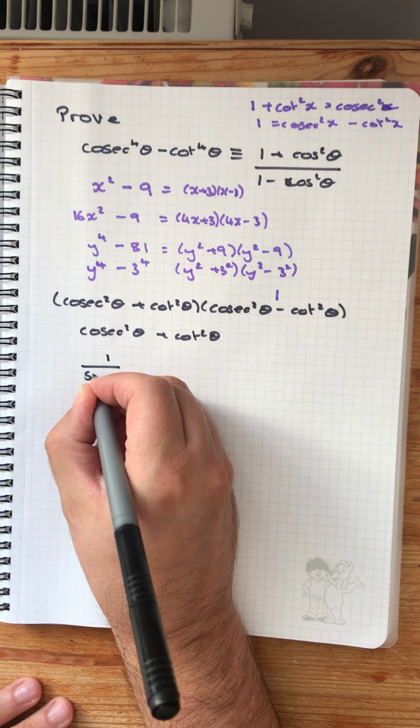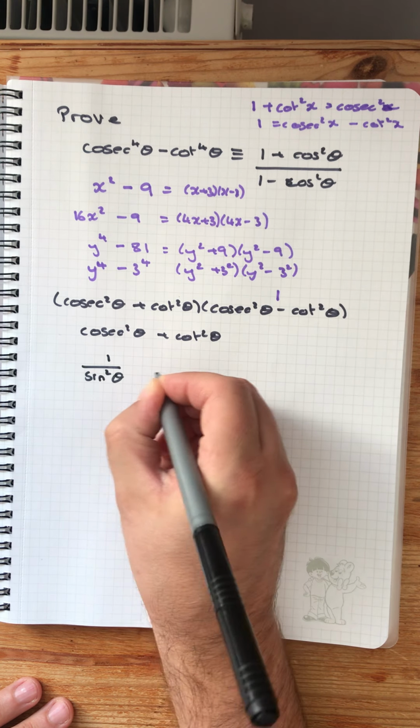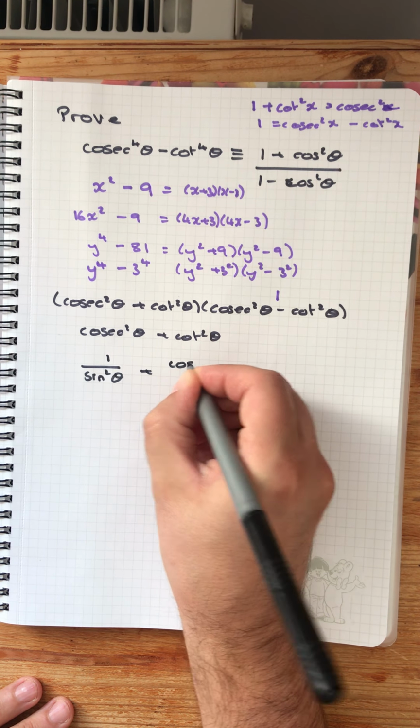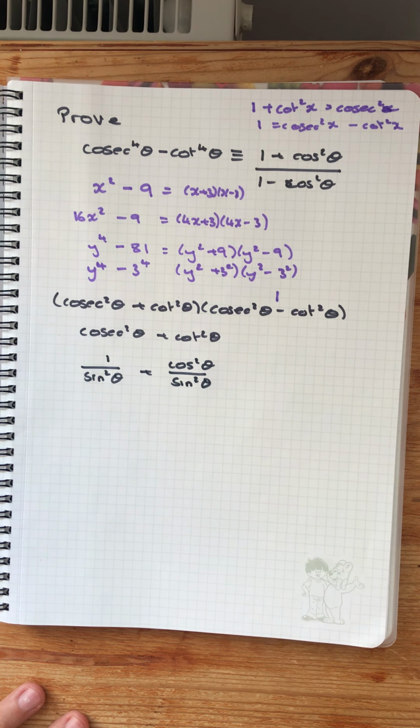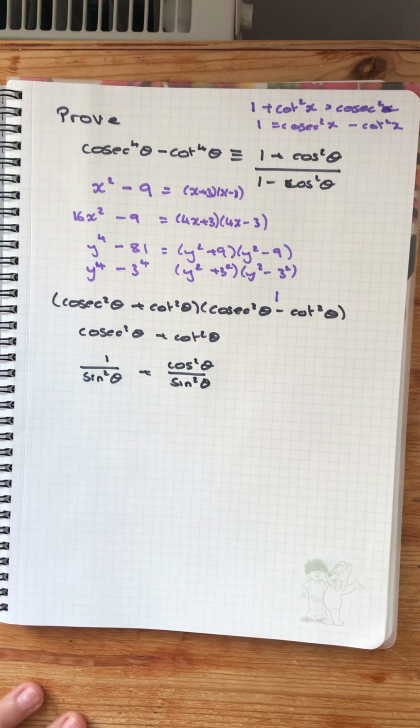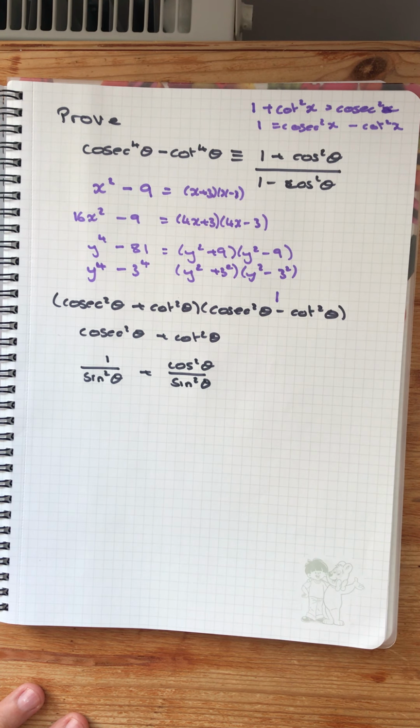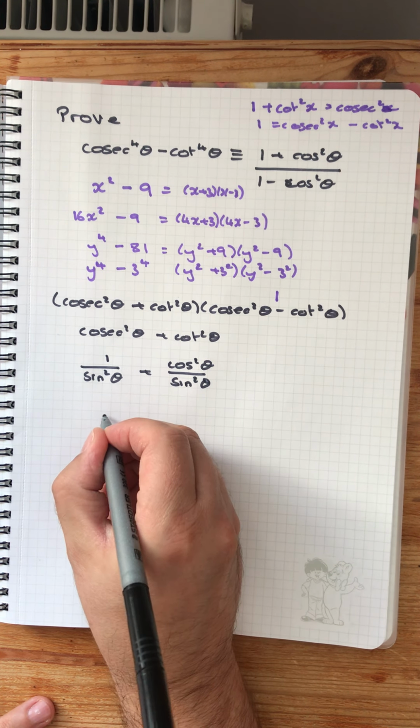So we've got 1 plus sine squared theta, and cot is cos squared theta over sine squared theta. So we've now turned it into fractions that we're adding together, and actually I'm pretty happy here because our fractions have both got common denominators already, so I can just add them together straight away.